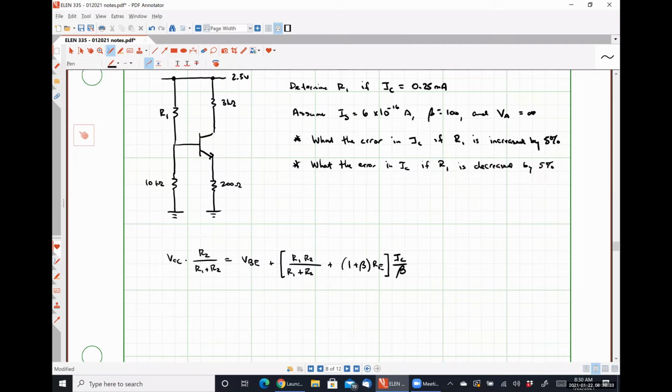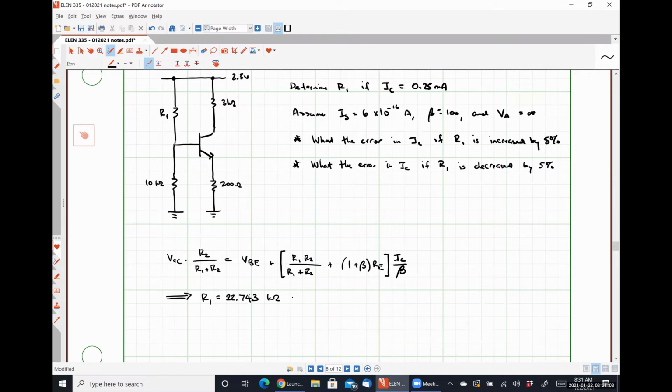So if we plug in numbers and solve, we get R1 is equal to 22.743 kilo ohms. You guys can use your calculators to verify that if you want to, all right? So we figured out what exact value gives us a collector current of 25 milliamps.